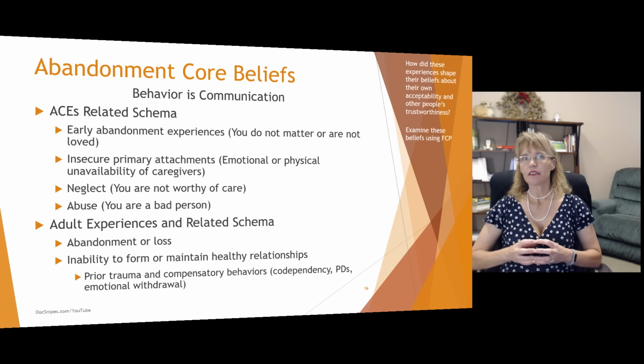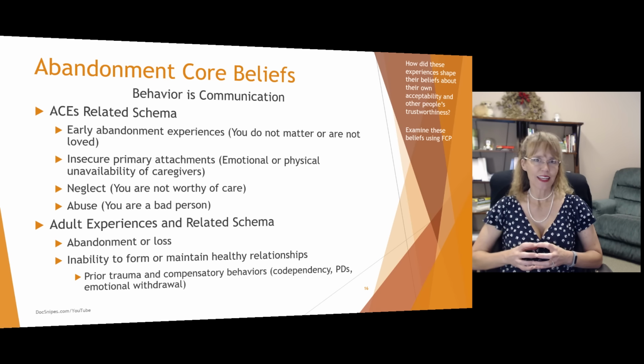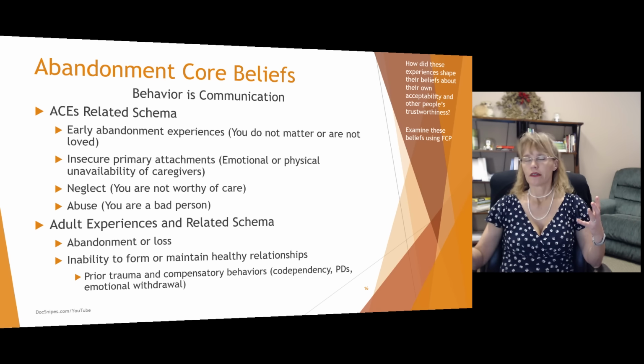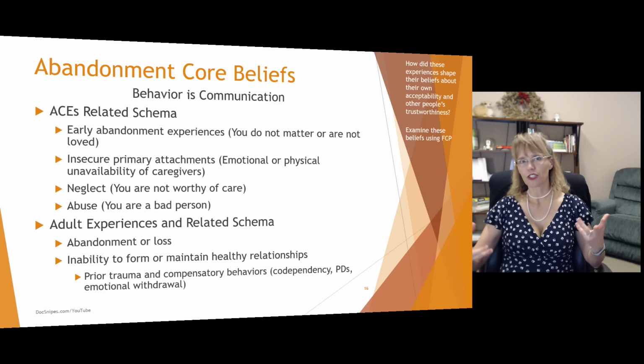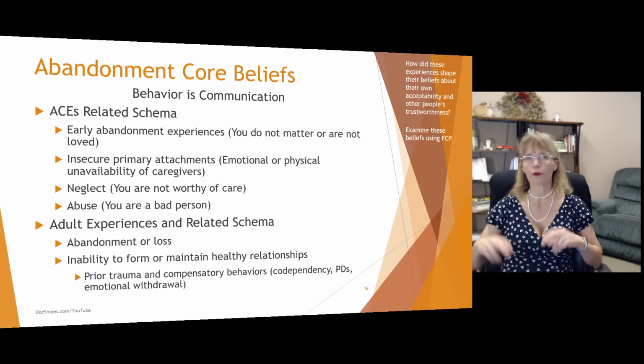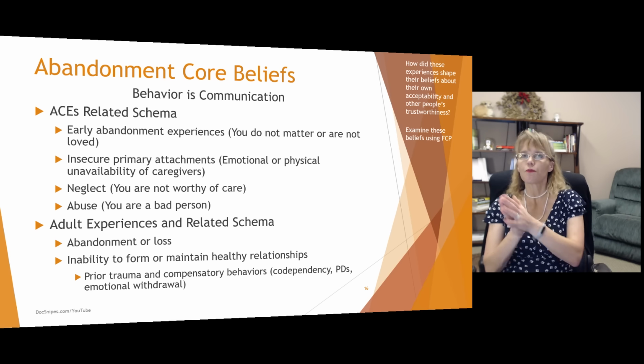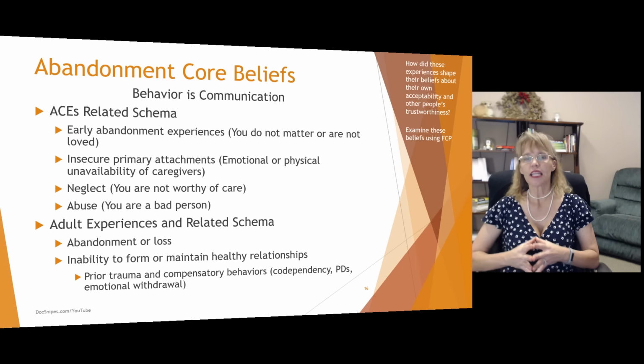If they've had prior traumas, they may have developed insecure attachment, which results in behaviors that are characterized as either codependent or personality disordered. I don't like to put labels on things. I'd like to look at what behaviors the person exhibits, and how those either help or hurt them in terms of maintaining healthy relationships.